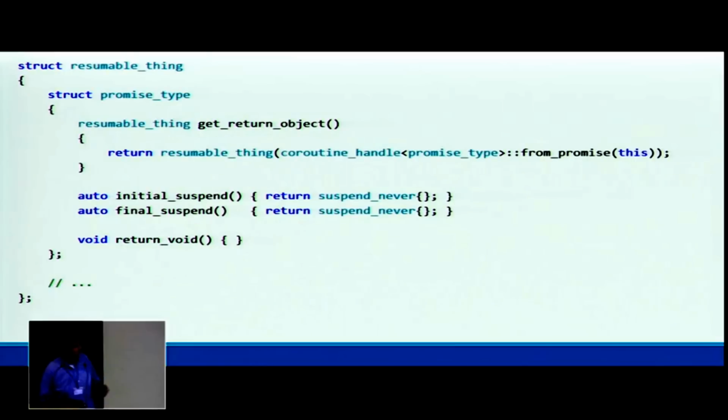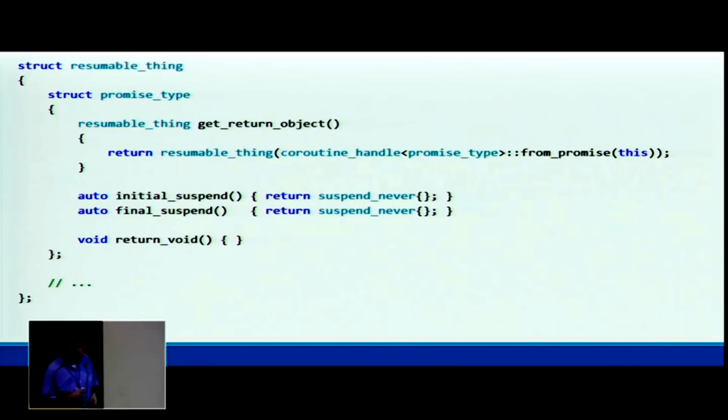So then we'll need to define that promise type. And here again, we need some operations that are required in order for a thing to become a coroutine type. So the first thing we need is a getReturnObject. And this is how we bind from that promise type back into the resumable thing. So basically, and we'll see this in a moment, the compiler will call this to construct the resumable thing for you.